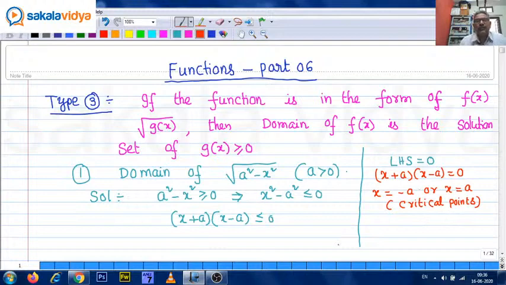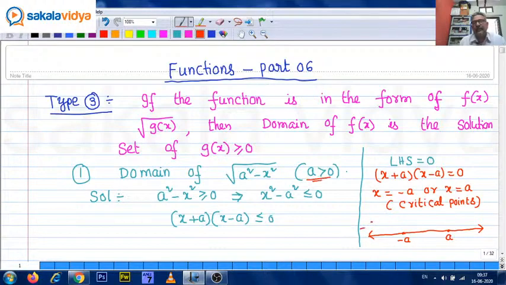Then we can solve this problem with the help of a number line. For example, this is the origin 0. This will be minus a. This will be a, because a is greater than 0, as the given condition says.